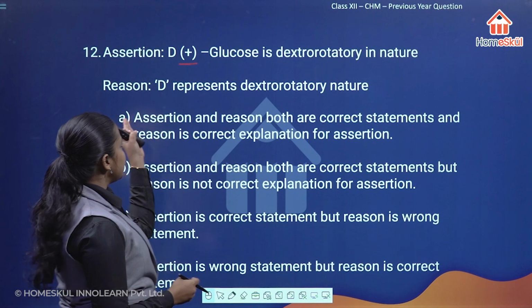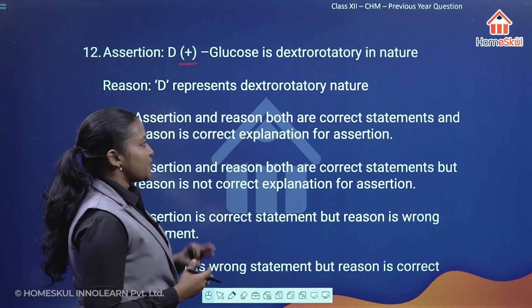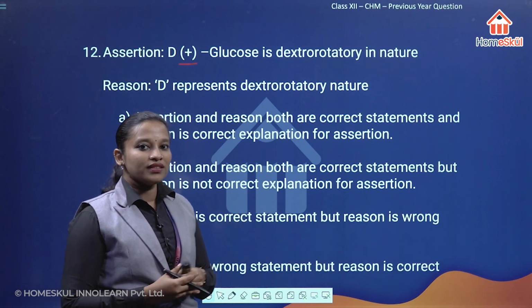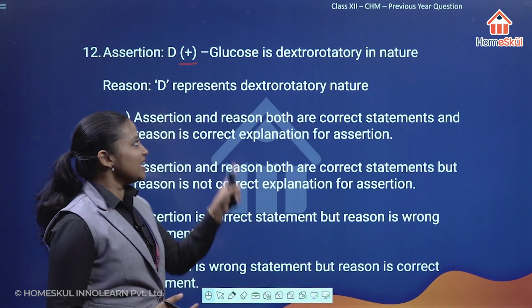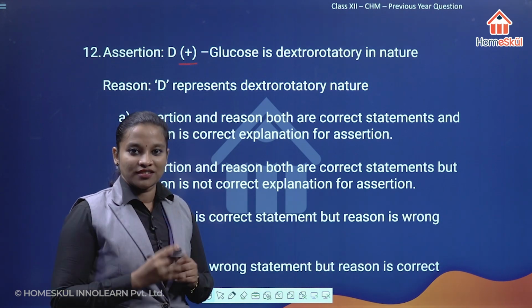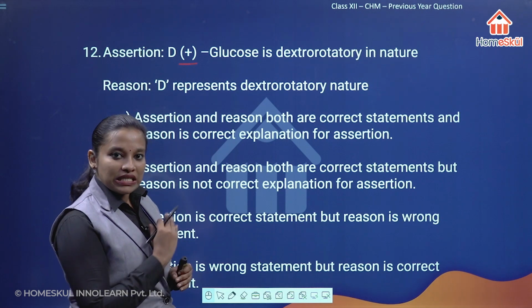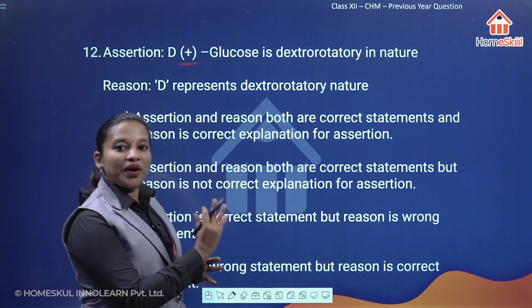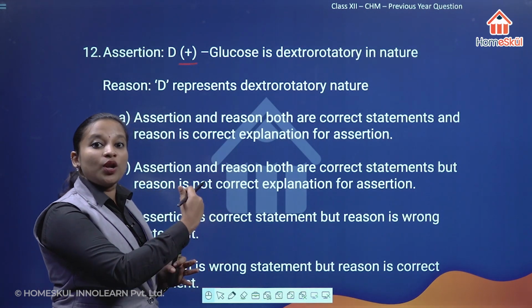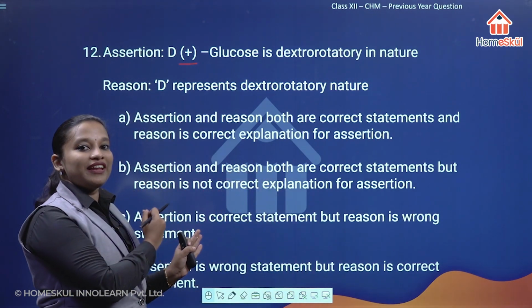And let's read this reason. D represents dextrorotatory nature. Is that correct? No. Here, this D represents the configuration of that molecule. D shows whether the OH group on the lowest asymmetric carbon is situated on the right side or left side.